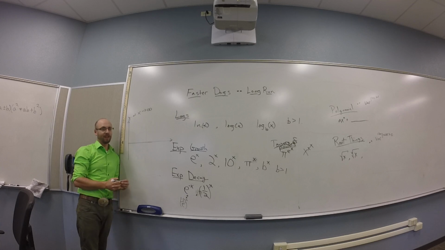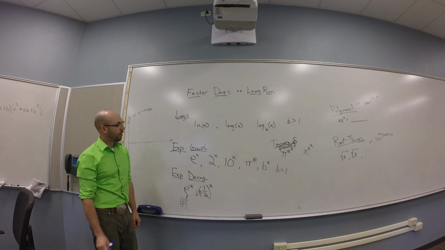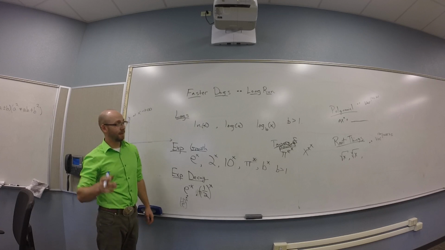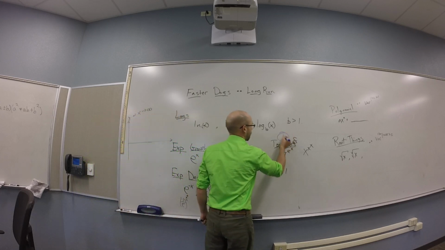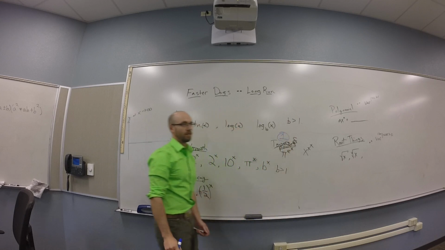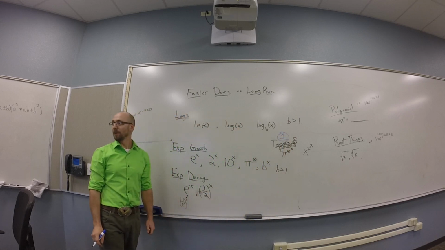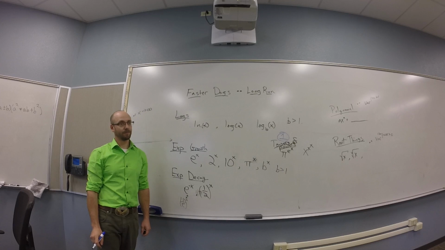So I just want to list the order of these dogs with no precision at all. The things that get the biggest the fastest are the towers of power. Those get enormous super, super quick. Okay?